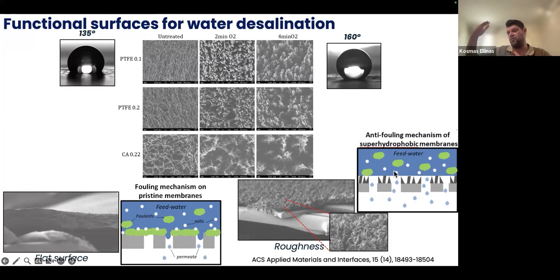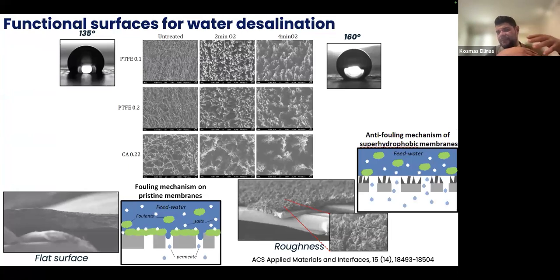So when you try to make a distillation, a water desalination, you have several things sticking on the surface of the membrane. If this material is stuck on the surface of the membrane, the flux performance of the membrane decreases.